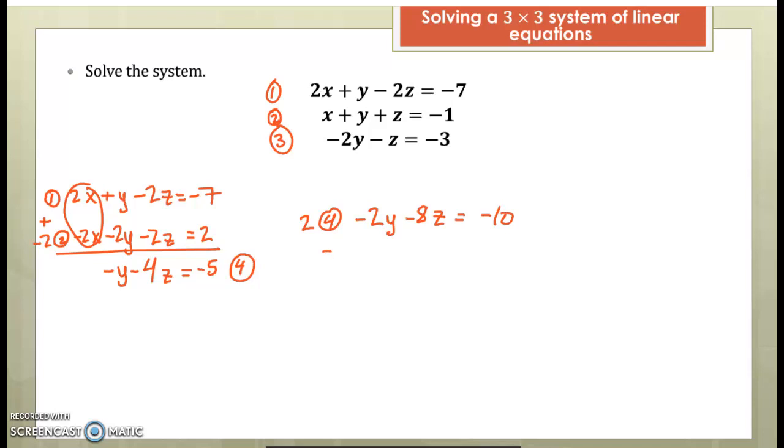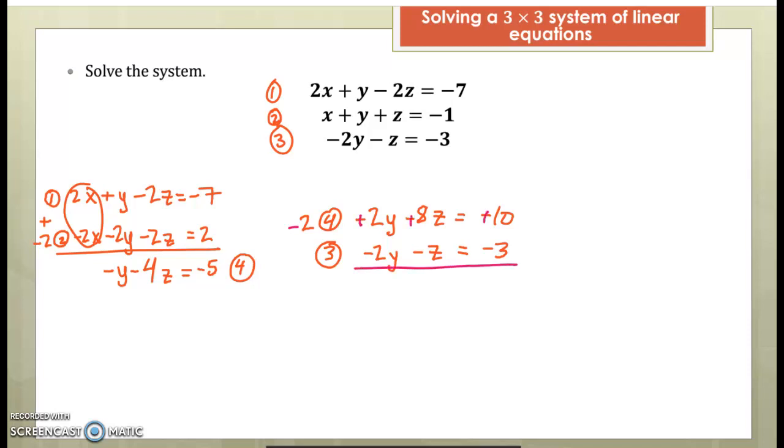My equation 3 is negative 2y minus z equals negative 3. That doesn't quite eliminate anything. So what I need to do is multiply the 4 by negative 2. So I'll get positive 2y plus 8z equals a positive 10.